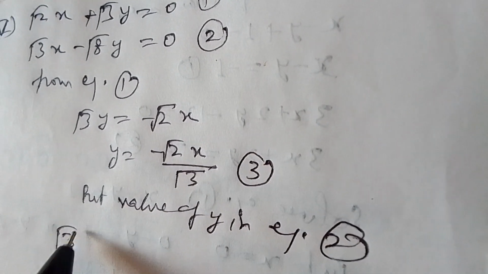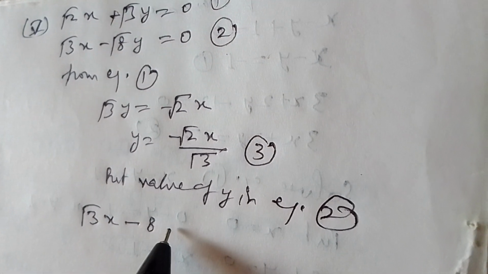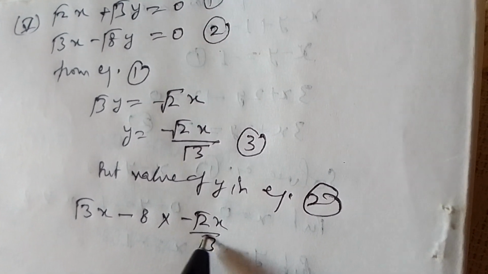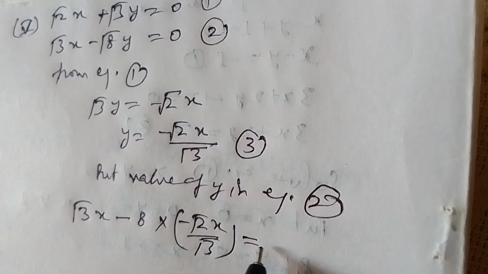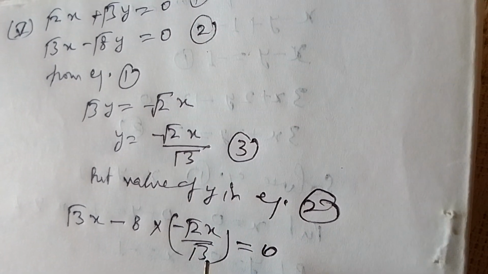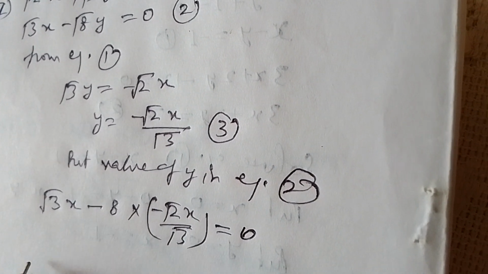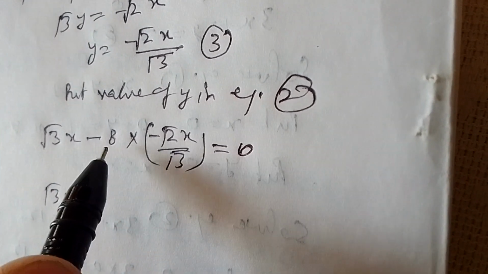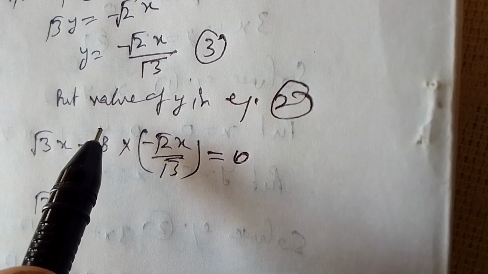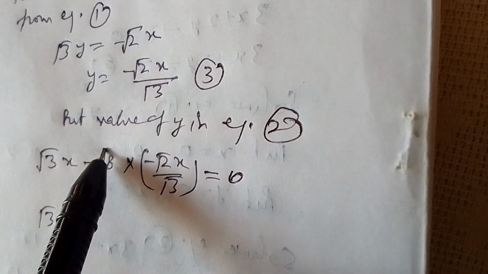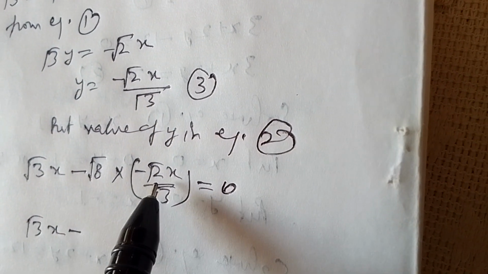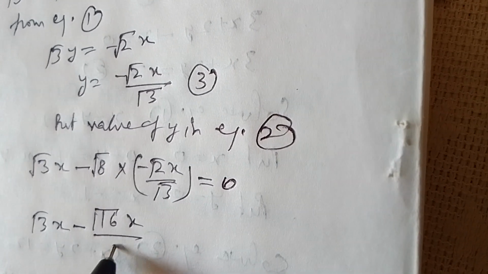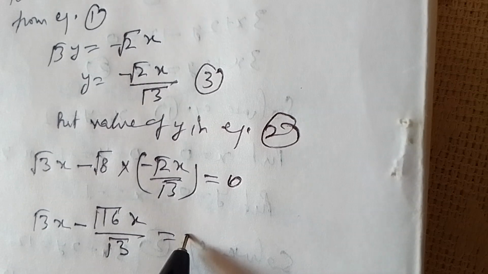We get 3 under root x minus 8 multiplied by minus 2 under root x divided by under root 3 is equal to 0. So it becomes 3 under root x minus 8 under root multiplied by 2 becomes 16 under root x divided by under root 3 is equal to 0.